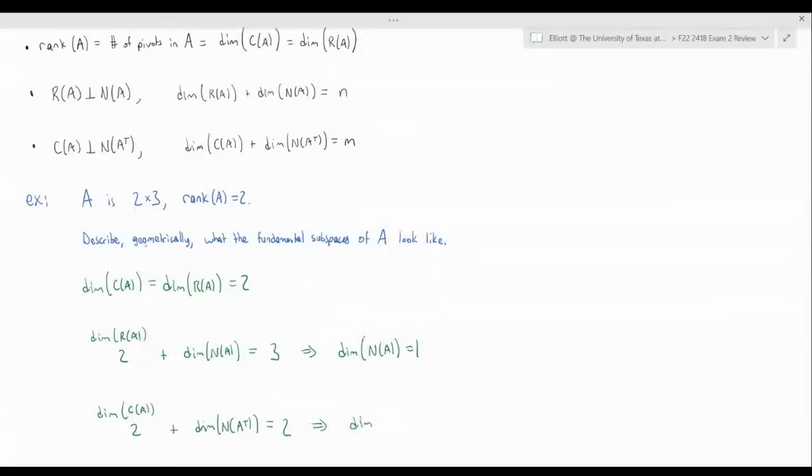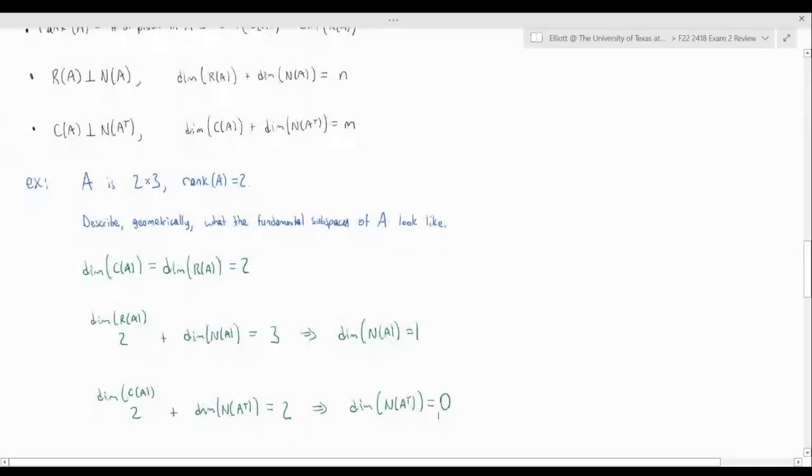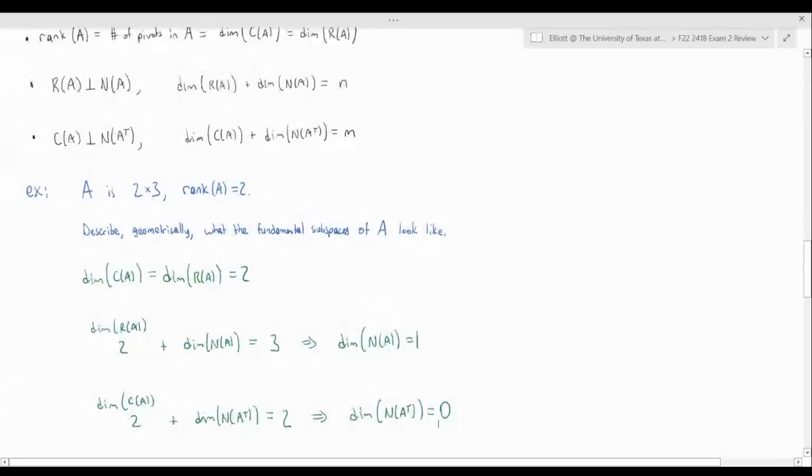So this tells us that the dimension of the left null space is actually equal to 0, okay? So we have all the dimensions of the subspaces.